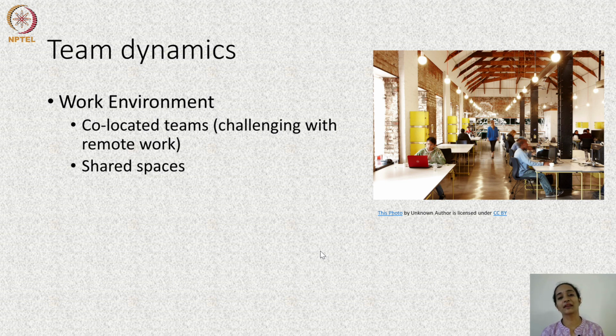Another mechanism which we can use to help teams collaborate effectively with one another is shared space. Now, the picture which I have given in this slide is an example of a shared space. You will notice that the work environment is structured in such a way that members can work alone when they want to, and the tables can be quickly rearranged so that more team members can join in to have team discussions.